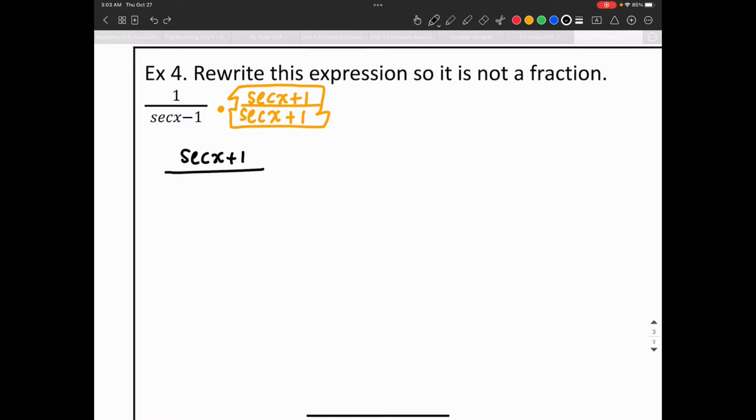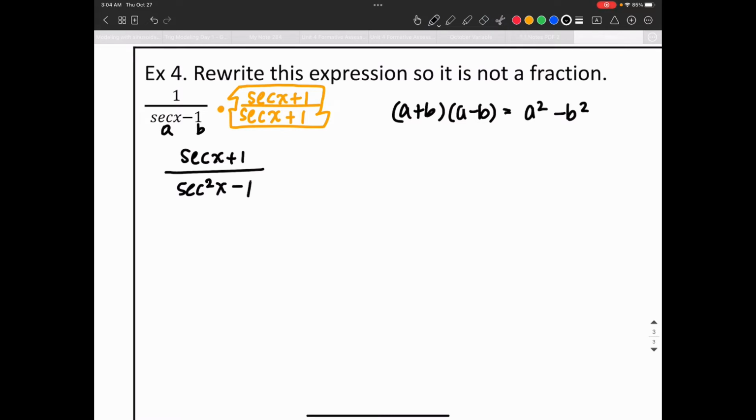If I multiply a plus b times a minus b, it's going to give me a squared minus b squared. So I would have a squared, which is secant squared of x, minus b squared, which is 1 squared.